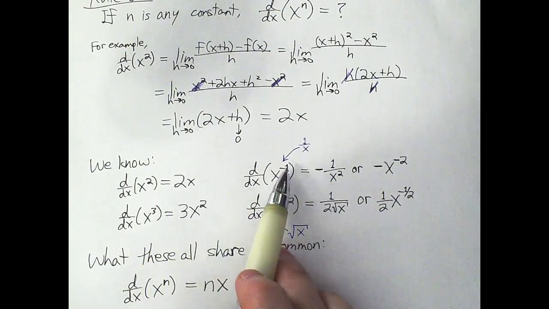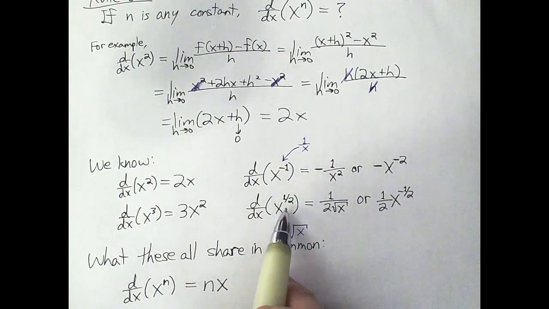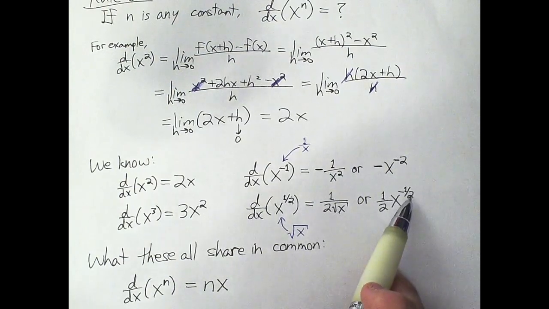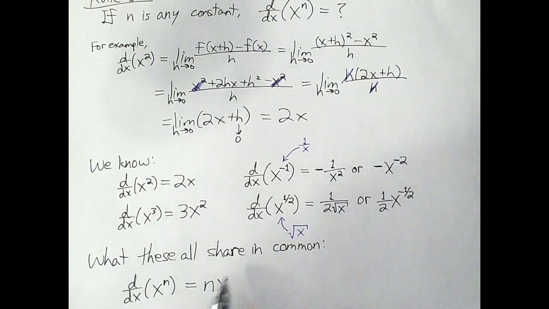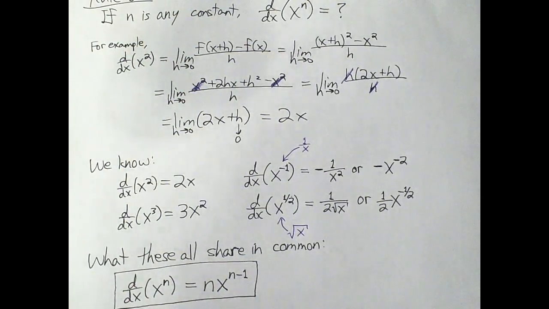When this exponent was negative 1, the exponent became negative 2. When the exponent was 1/2, this exponent was negative 1/2. So it seems like whatever the exponent is, the new exponent is 1 less. And we're going to write that as n minus 1. And that is going to be our general rule. That all 4 of these follow this rule.